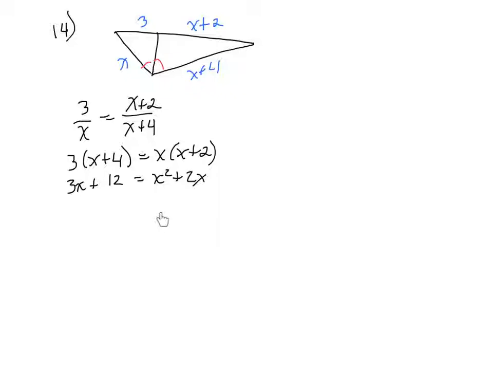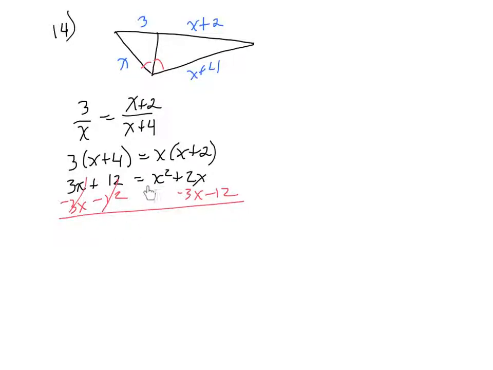I'm moving everything from the left to the right. So I'm going to subtract 3x, and I'm going to subtract 12. If you subtract 2x, then you're putting this over here to the left side, and that means you subtract the x squared, and we like our highest degree term positive.